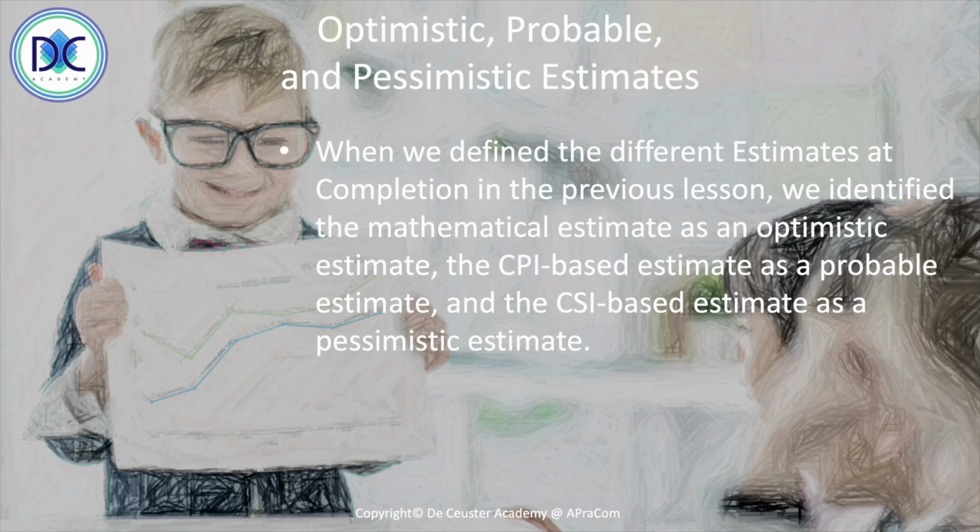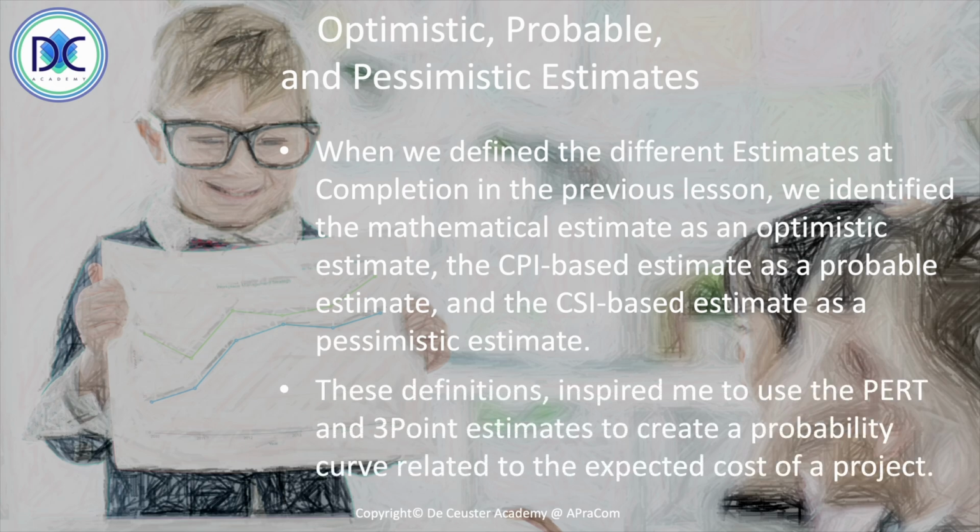The CSI is typically a lot smaller than the CPI, and we consider this a pessimistic estimate. So we're looking at both elements together, schedule and cost position. Based on these definitions, I assumed, why don't we use the PERT and the 3-point formulas for this?